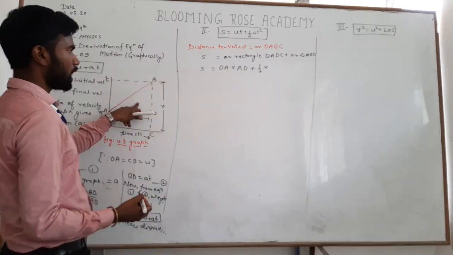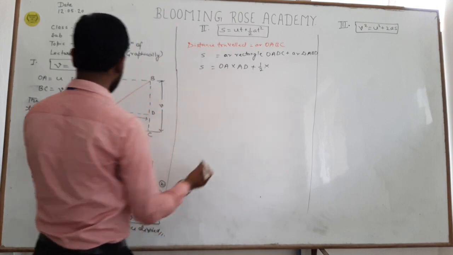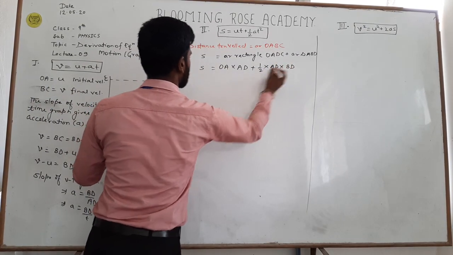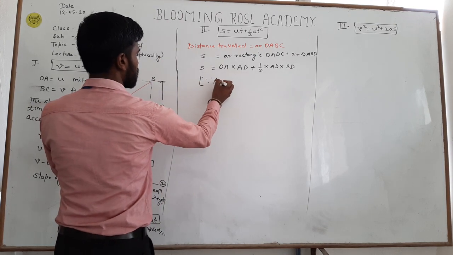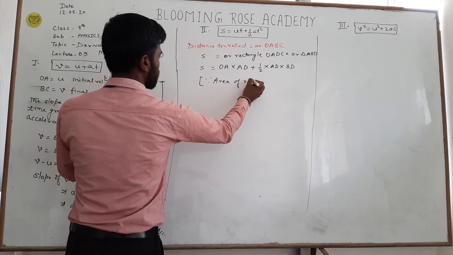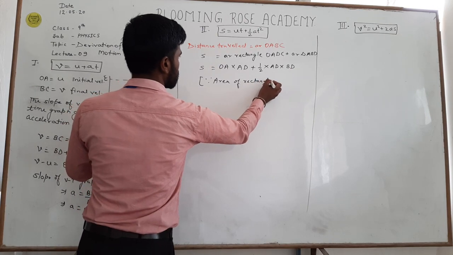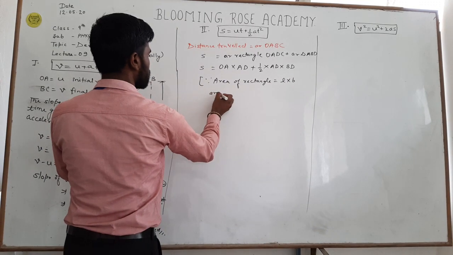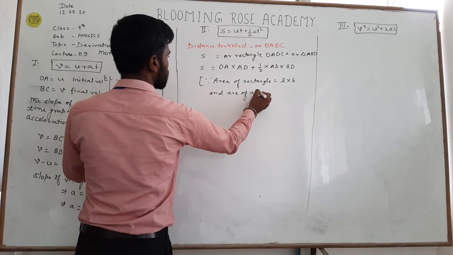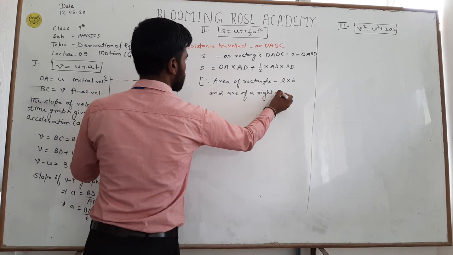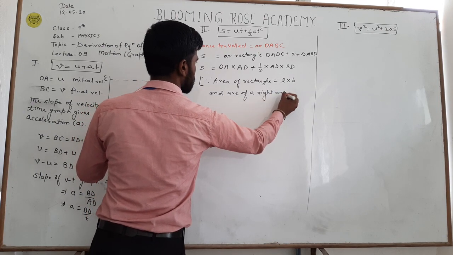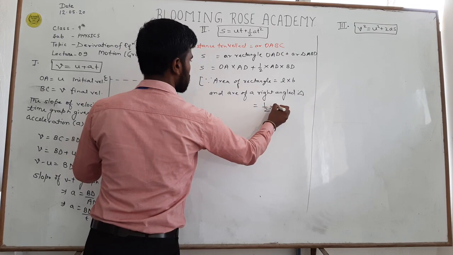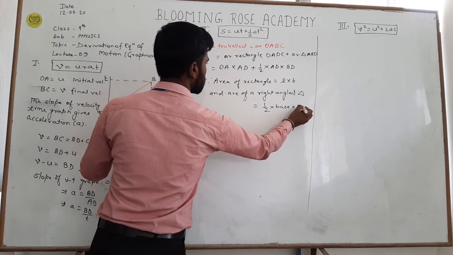The area here is half base into height. The base here is AD and the height is BD, so half AD into BD. We have used the area of a rectangle equal to length into breadth and the area of a right angled triangle equal to half base into height.